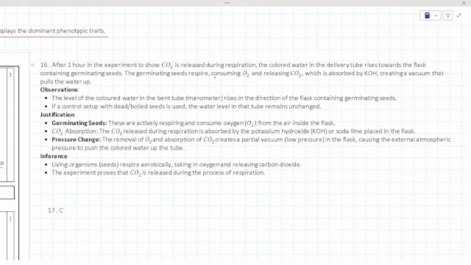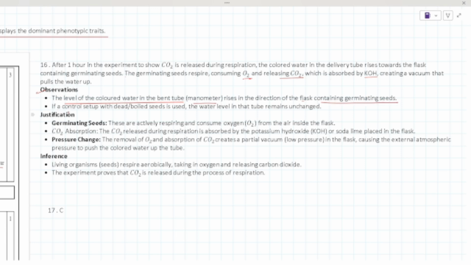Germinating seeds respire, consuming O2, right? And the CO2 released is absorbed by KOH, creating a vacuum that pulls the water up. So the observation will be that the level of the colored water in the bent tube, that is the manometer, rises in the direction of the flask containing germinating seeds.